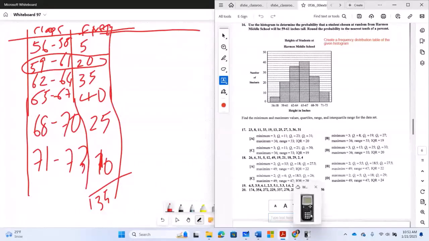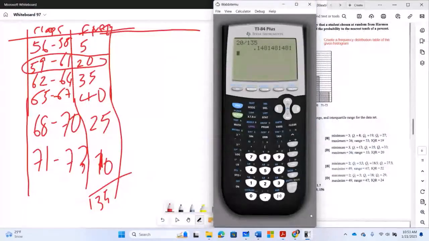So according to my calculator, the probability that a student is in the second class is 14.8%. All right, I'm going to stop the class here so that I can entertain questions.